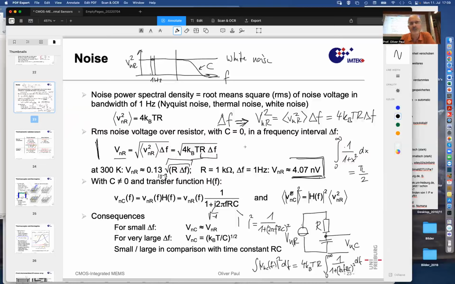Now the question is, is there something similar for the current? Some noise current. And that is the case.